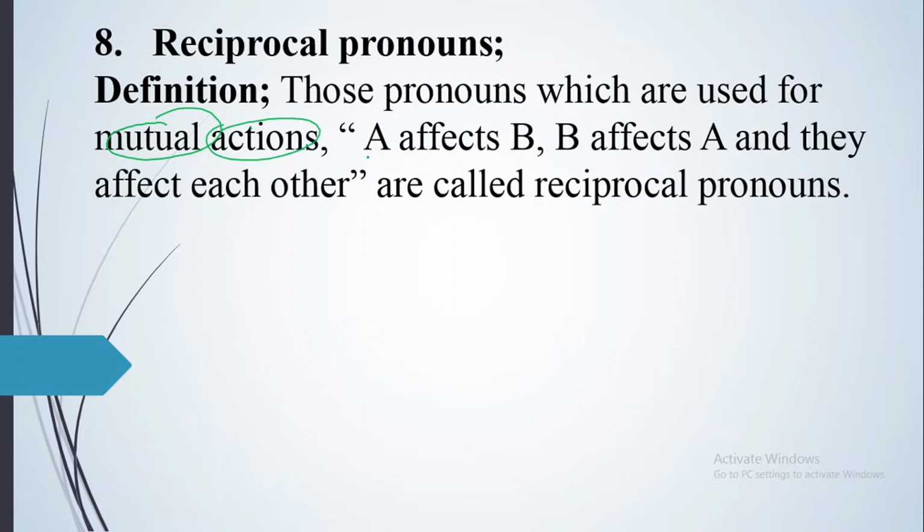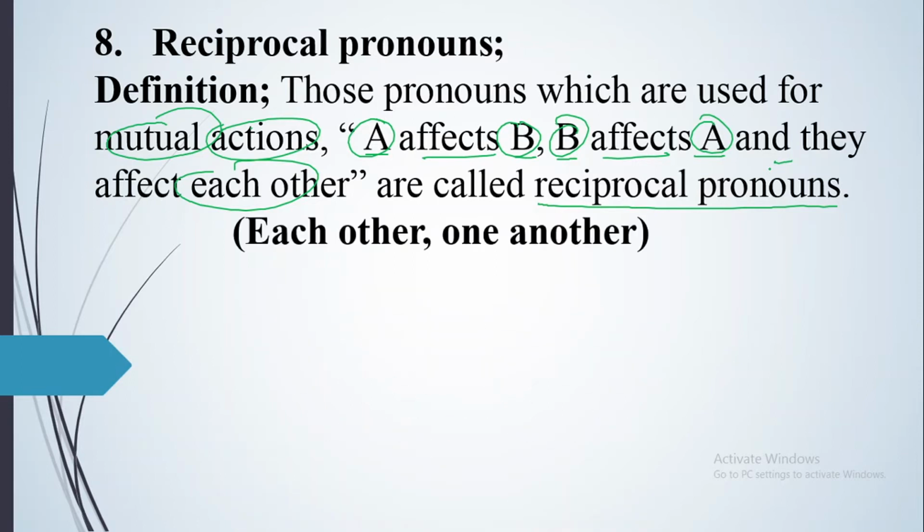So see, example is there: A affects B and B affects A. Whether in any activity, that is good or bad, legal or illegal, nice or bad, whatever that is known as the affection. So A affects B, B affects A, and in the same way they affect each other or one another, are called reciprocal pronouns. They are used for mutual interactions.